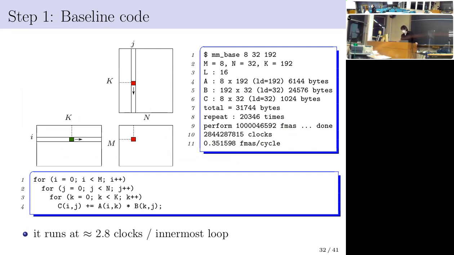So while one particular execution of this innermost loop is happening, the instruction decoding and fetching goes ahead of it, and it starts executing, updating the next element of C. So there are some overlaps between different elements of C. That's the reason why it's somewhat faster than 4 clocks per iteration.